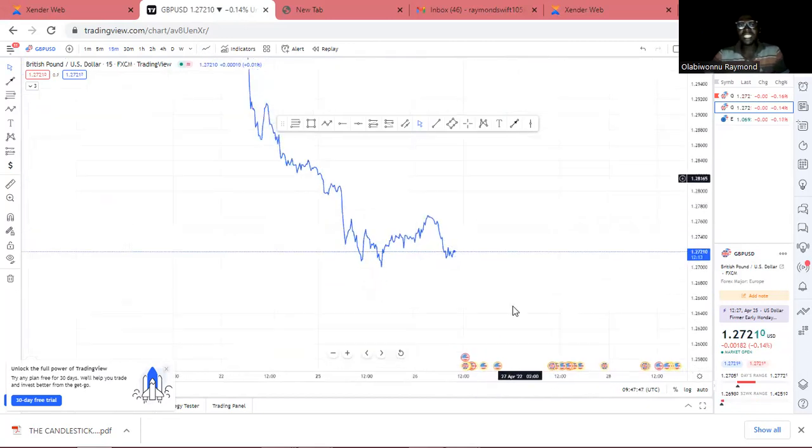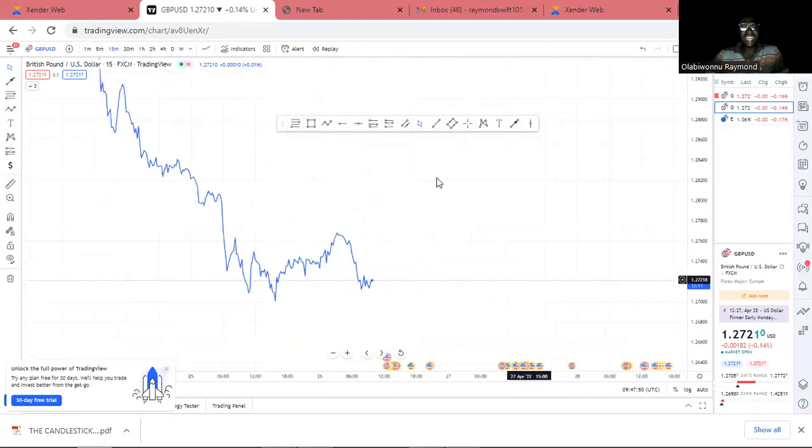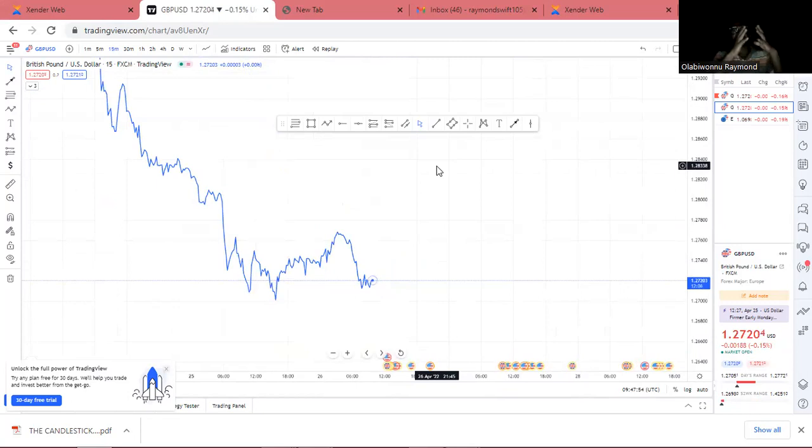But one thing about a line chart is we can't understand what's actually going on within time spaces in the market. What I mean by time spaces is, for example, in 1 minute, what actually happened? Maybe sellers are more dominant in the market, or buyers are more dominant. Nobody has the idea. So someone came in and created a kind of chart for us that can help us identify what actually happened in a particular time.